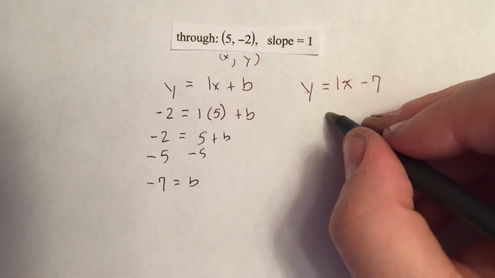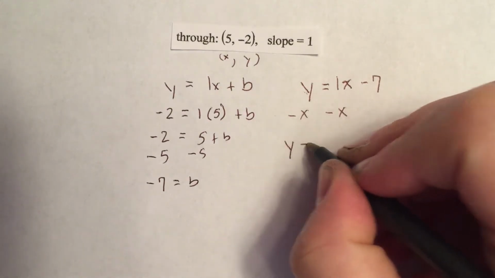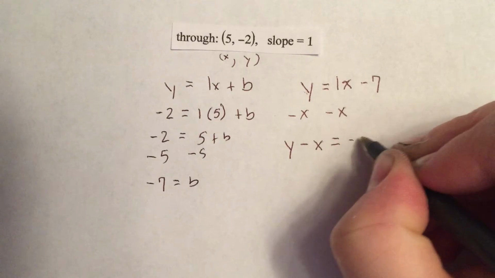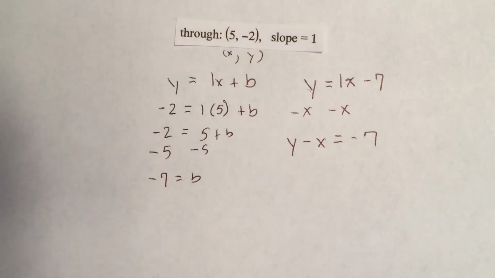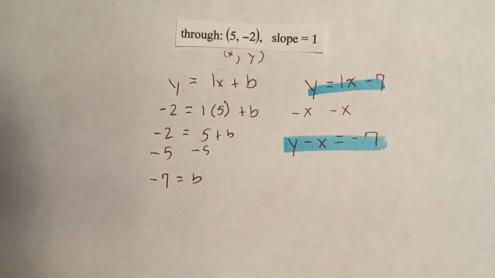Now, if I want to put this in standard form, all I need to do is subtract x from both sides, and I get y minus x equals -7. We have slope-intercept form, and we have standard form.